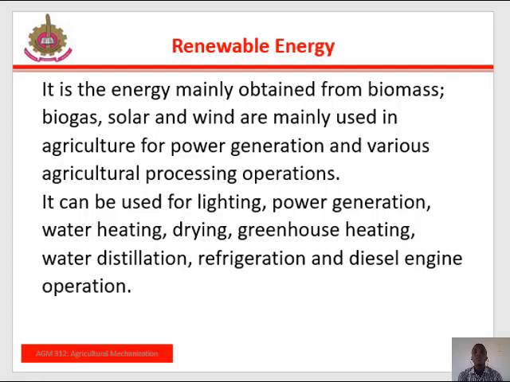This type of energy is inexhaustible in nature. The availability of wind energy for farm work is quite limited. Where the wind velocity is more than 32 km per hour, a windmill can be used for lifting water from a well to a certain height. Thank you for listening.